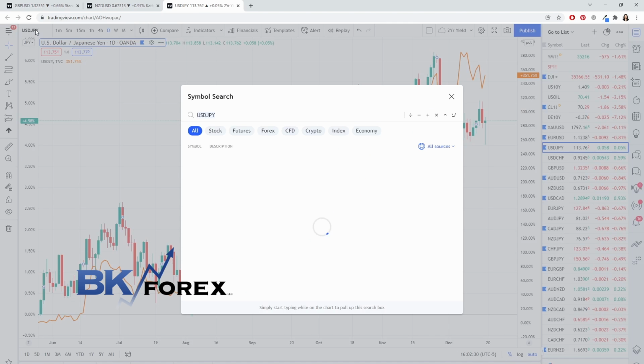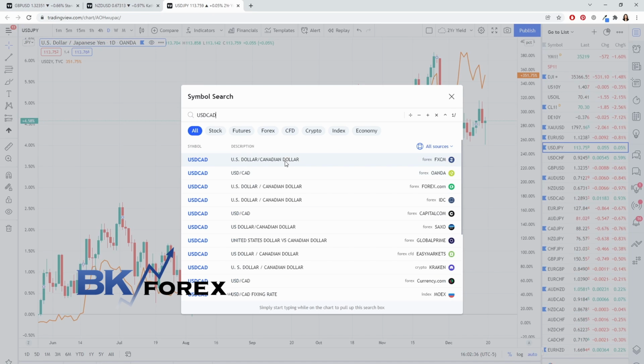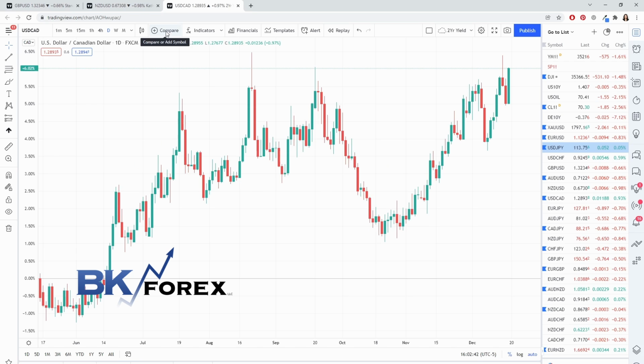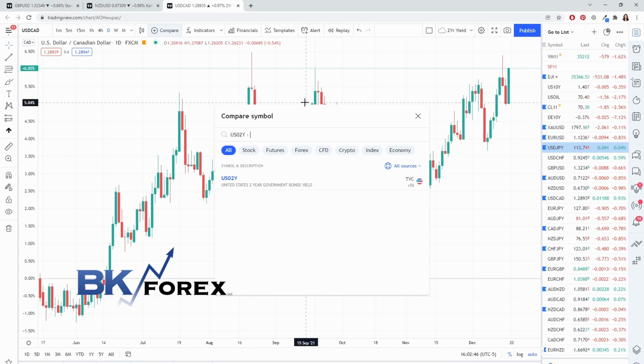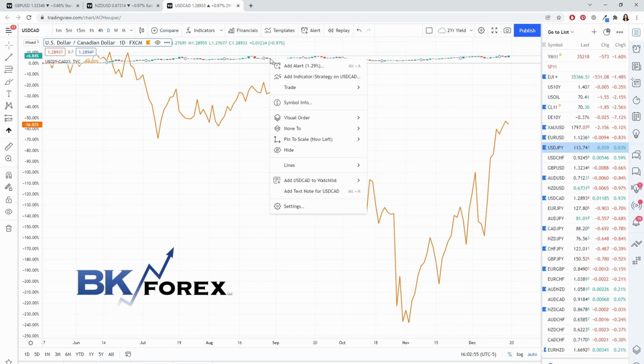It also works for dollar CAD. If we do dollar CAD, I'm going to pull up dollar CAD here, and we're going to delete this, and we're going to add in the yield spread as we had earlier. So US02Y minus CA02Y, and we hit enter. That's the yield spread. We move the price to the right.